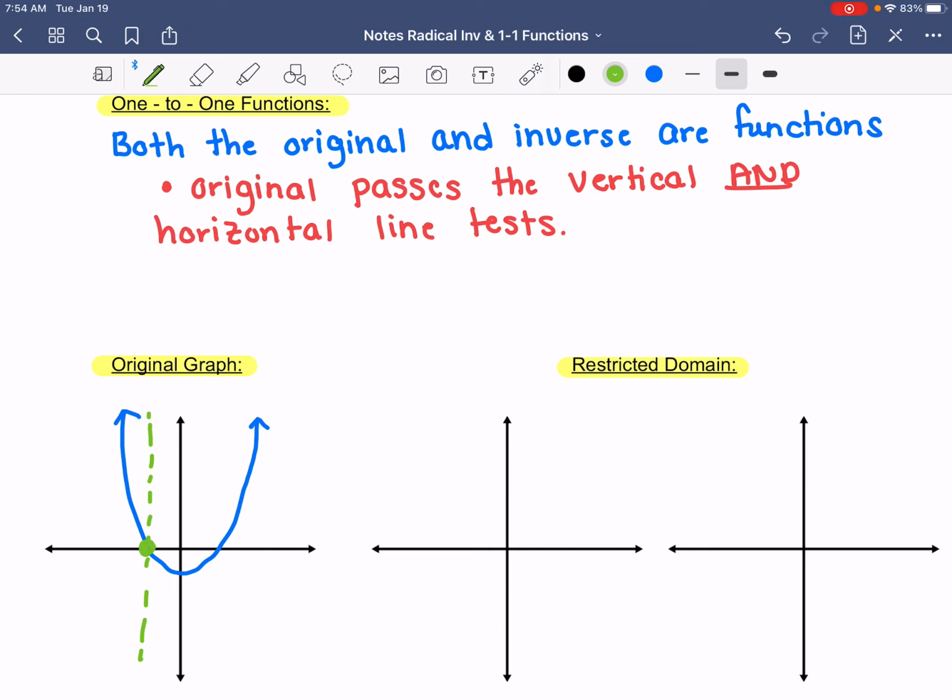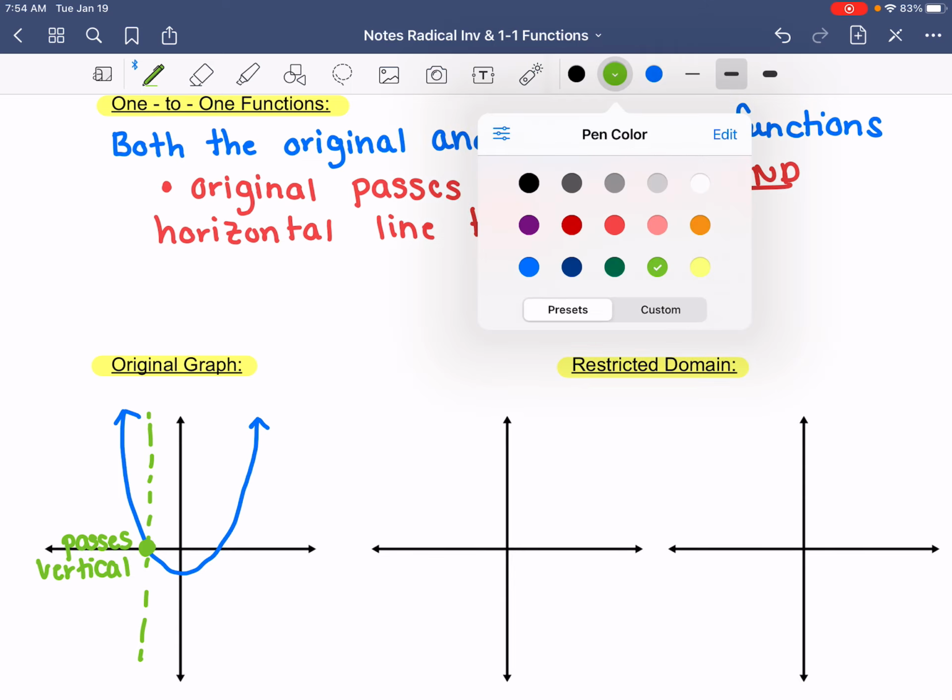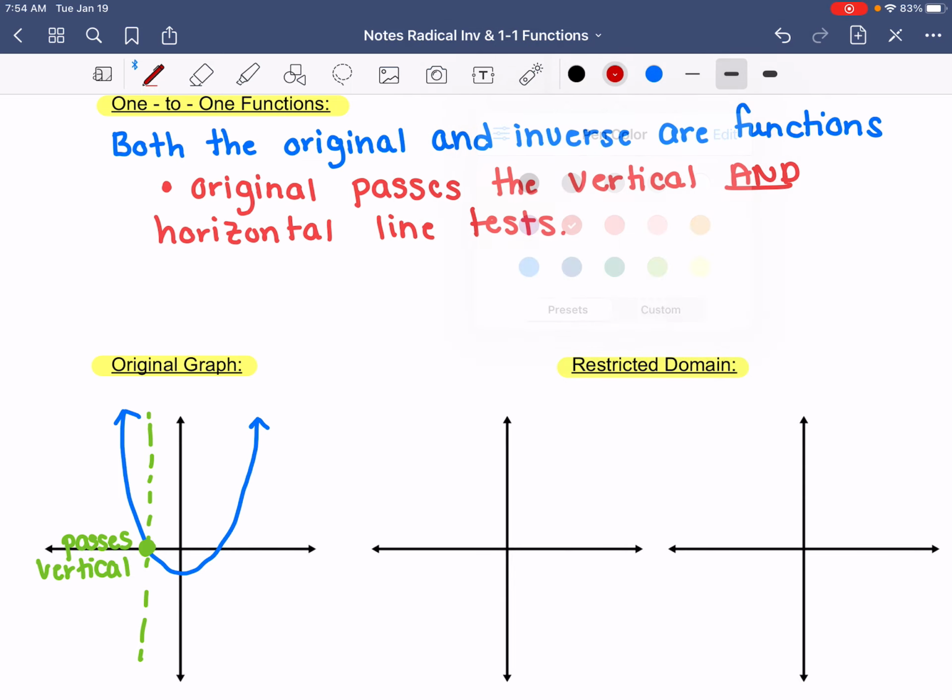It only hits at one point. That means it passes, right? Passes the vertical line test. But if I was to do a horizontal line test, it's going to hit twice. That means that it fails the horizontal line test because it hits twice.